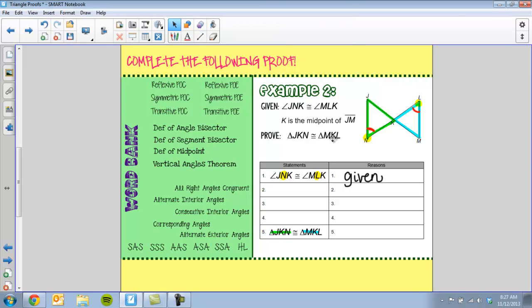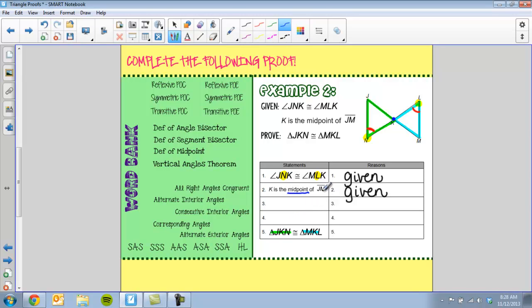So we've done that, we've marked our picture, and we go on to the next statement, which I'm going to make just a little smaller so it fits in my proof. And again, it was given, but this time it's kind of weird. It's a statement. It says K is the midpoint of JM. Well, I'm going to identify K. Here's K. What does it mean that K is the midpoint?